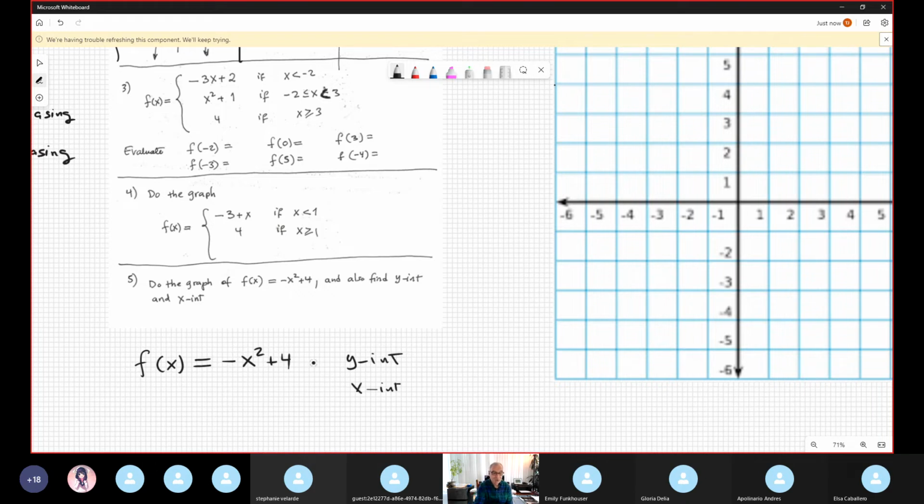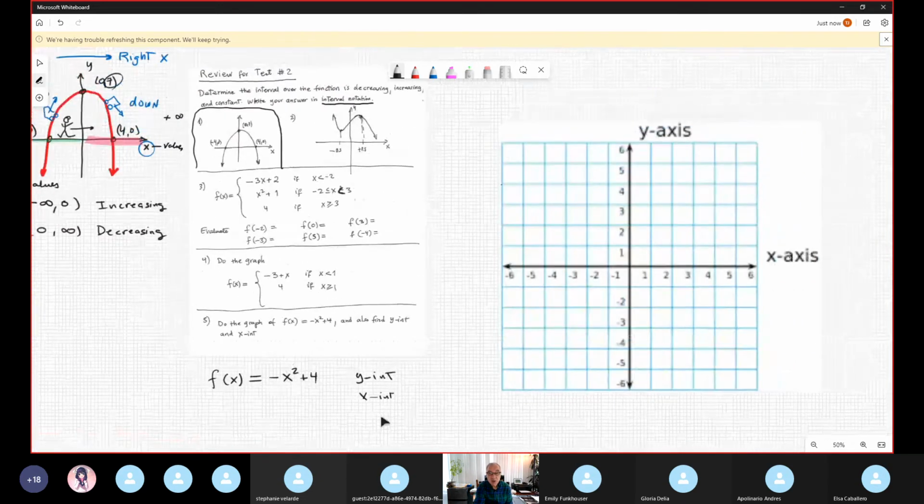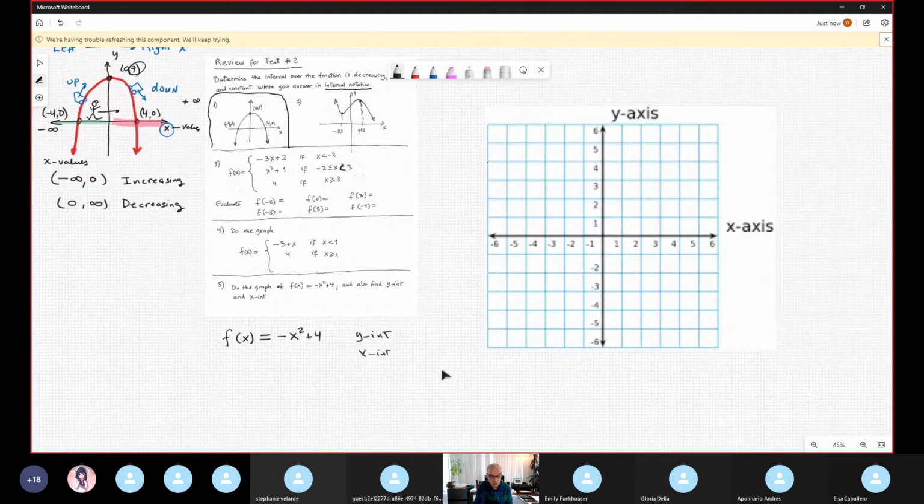Okay? So this is a classical question about transformation because you need to know this function given in this question comes from the basic function, f of x equal x squared, que es de parábola, ¿no?